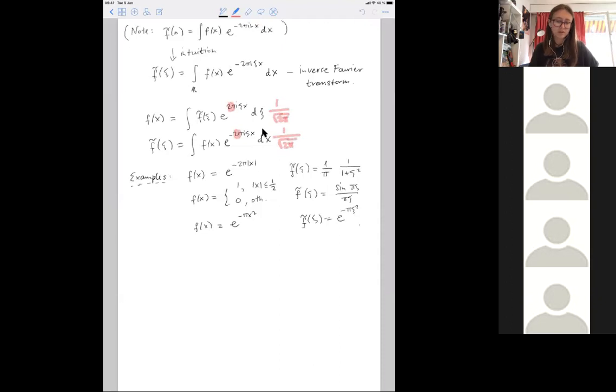Another remark is that the physical motivation for this is mostly as something that allows you to decompose a given function in this particular basis of harmonics.